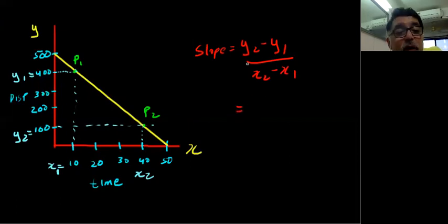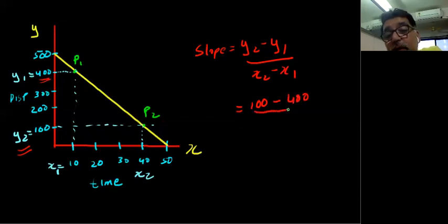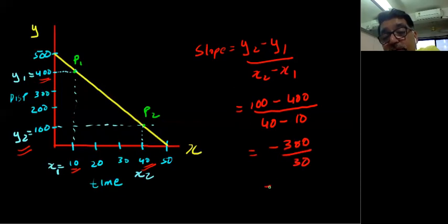So let's put in the values. y2 is equal to 100 minus 400, y1 is equal to 400, divided by x2, which is 40, minus x1, which is 10. So our answer will be minus 300 divided by 30, which is equal to minus 10.